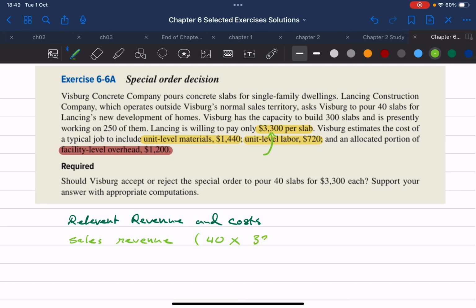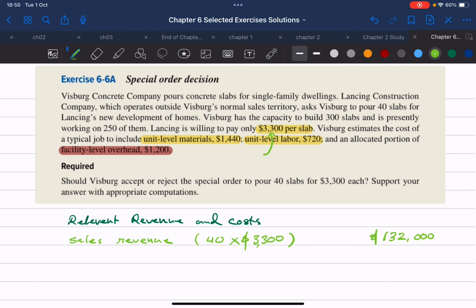So 3,300, quickly get my calculator out. 40 multiplied by 3,300, that's going to give us a differential revenue or an incremental revenue of $132,000. Okay.